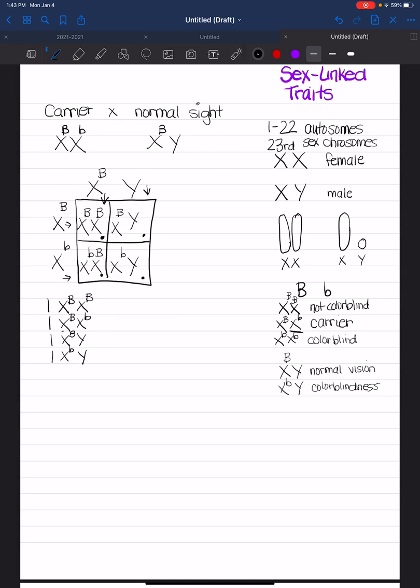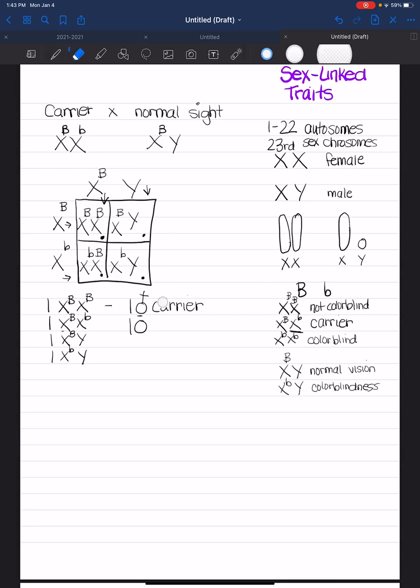The next step of your Punnett square is to determine the phenotypes of the offspring. So here I have 1 female carrier. Remember, female and male is a phenotype. I have 1, sorry, she's not a carrier.